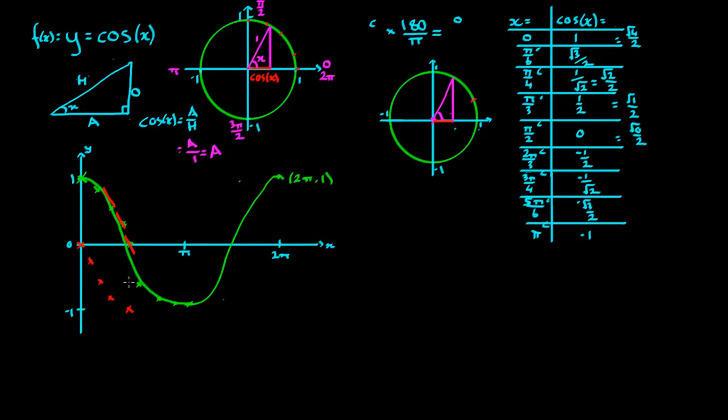It then gets less negative, so the magnitude of the negative gradient decreases, so I can say the gradient's getting a little bit more positive. It's still negative, but it's getting more positive. And then the next stationary point occurs at pi. So we have a 0 gradient there, and then finally the gradient, as you can see, starts to get positive, reaching a max gradient at 3 pi on 2.